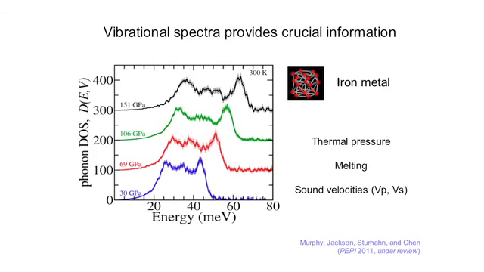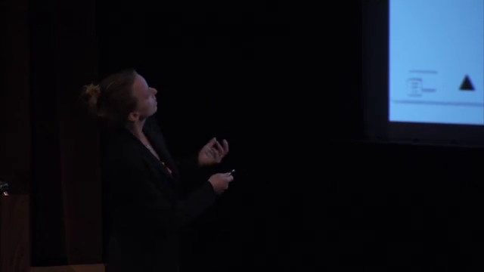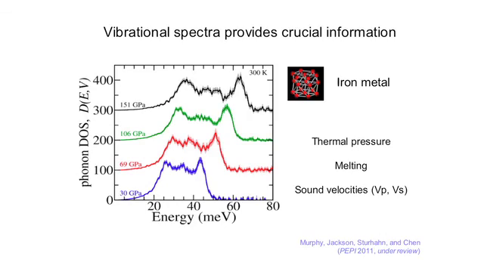And so we've taken a densely packed iron metal in the hexagonally close packing arrangement, and we've measured the vibrational properties. So all of these modes here characterize the vibrational states of this iron metal that's compressed all the way to 151 GPa. And this is now into the core pressure.